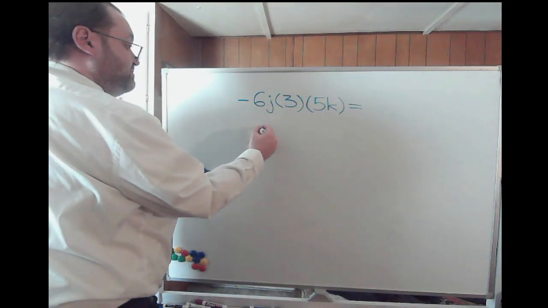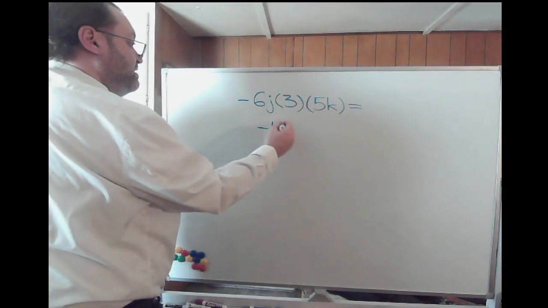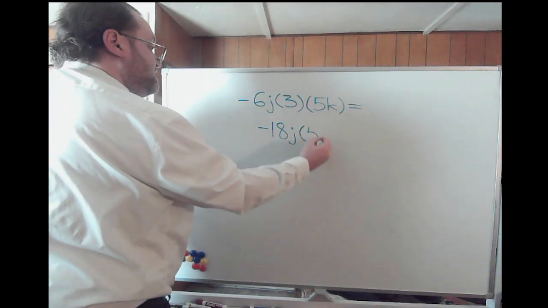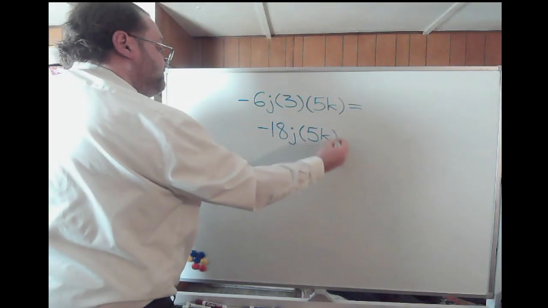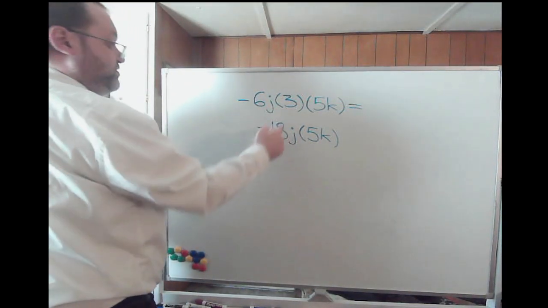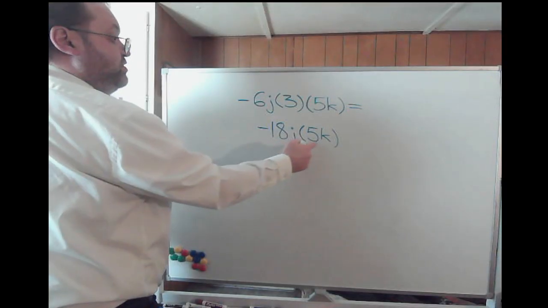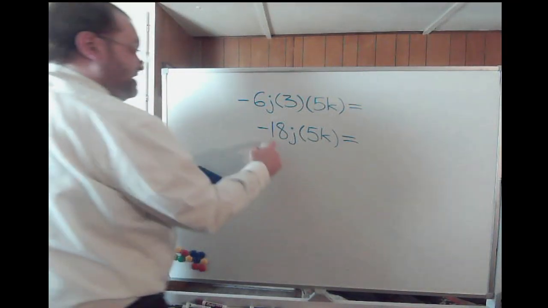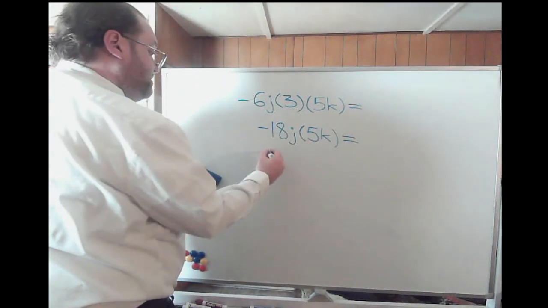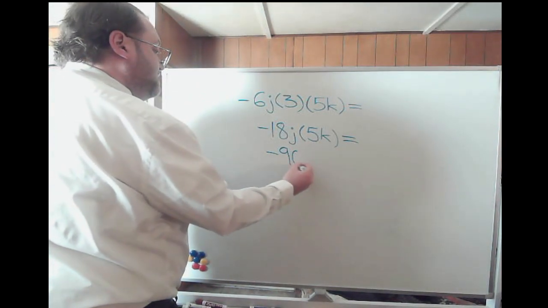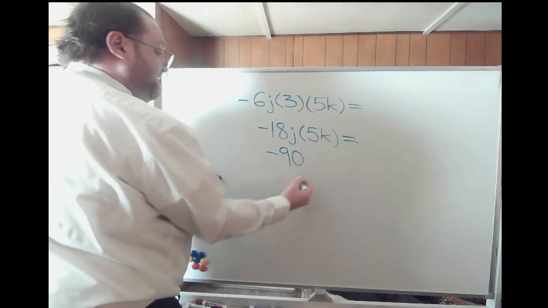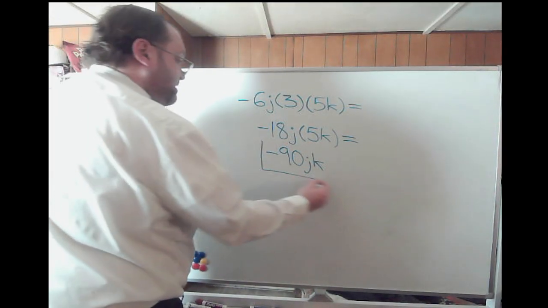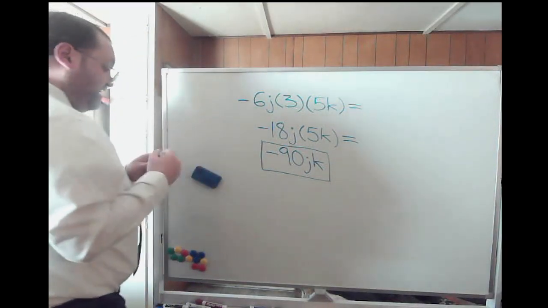Negative 6 times 3 is negative 18 times j, which gives you negative 18j, times the 5k. So now what you've got to do is take negative 18 times 5, which gives you negative 90, times j times k. So your answer would be negative 90jk.